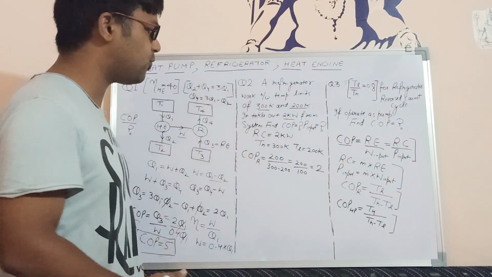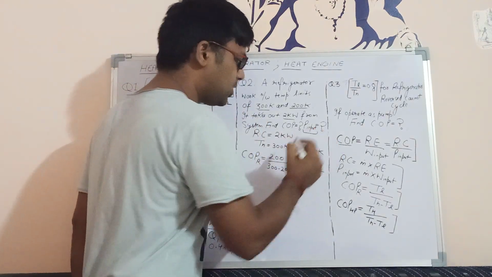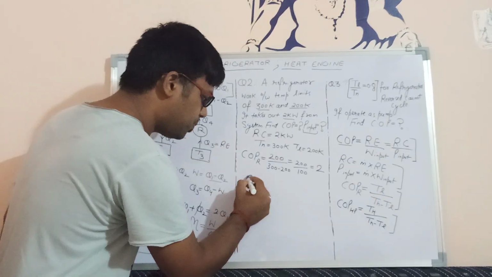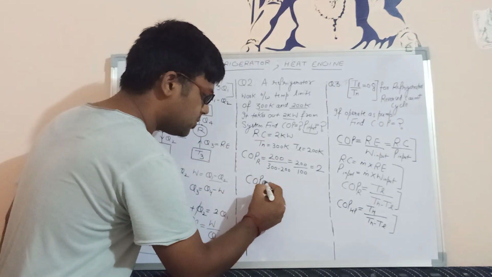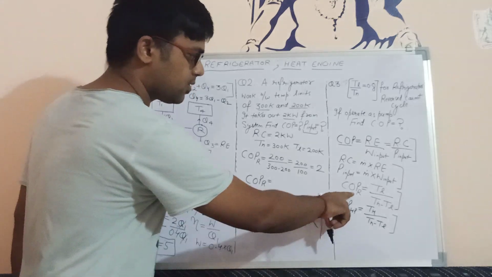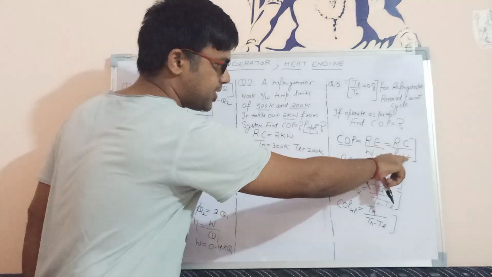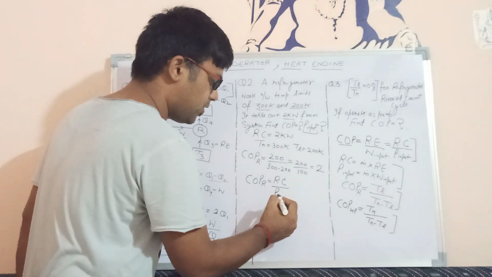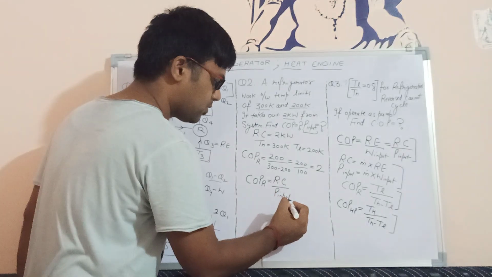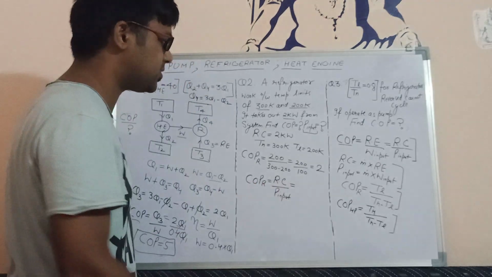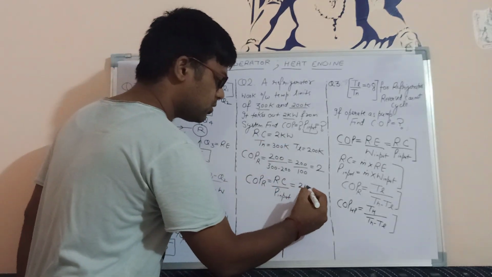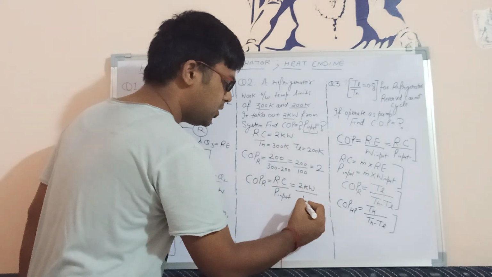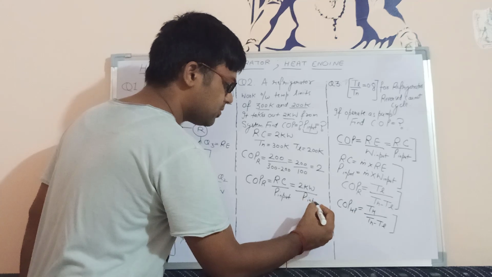Next, find the value of power input. As we know, the COP of a refrigerator is equal to refrigeration capacity upon power input. What is the value of refrigeration capacity? It is 2 kilowatt, upon power input, which we have to find.